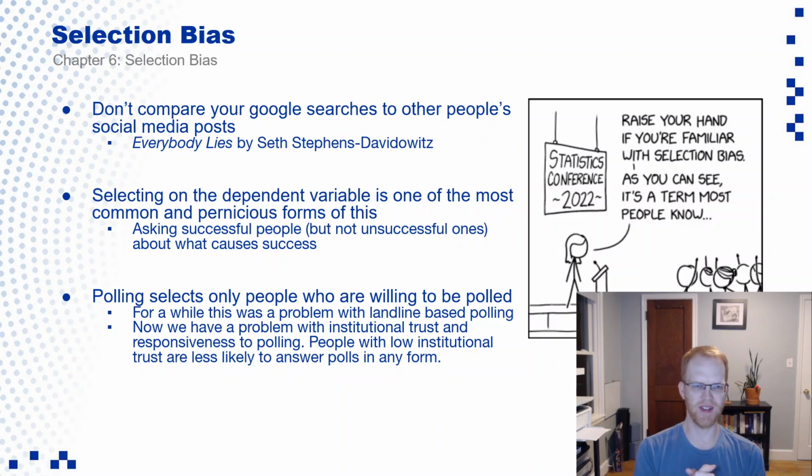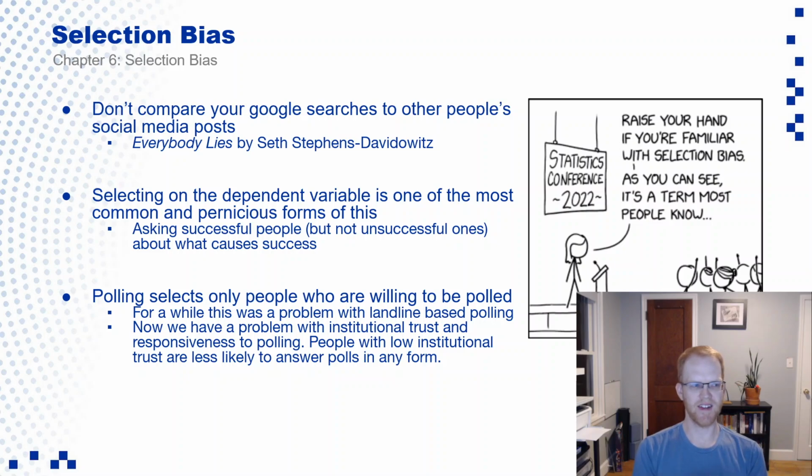There are all sorts of reasons this could happen, but one that we might care a lot about in a public policy class is if we have a public opinion poll, it turns out in some ways that the people we're polling are all people who are willing to answer a question, whatever the question may be that the poll is asking, right? People who are not willing to answer that question, or perhaps not even willing to speak with a pollster, are not going to show up. And so there's some degree of selection bias. It's somewhat hard to tell how big this degree is unless you have some sort of ground truth to compare your polling against.